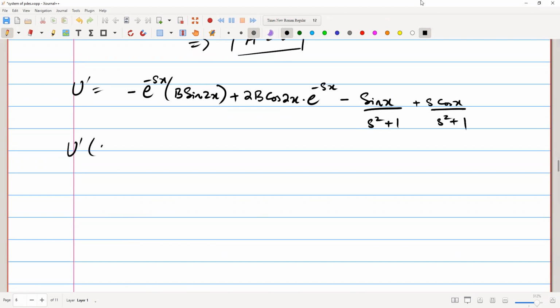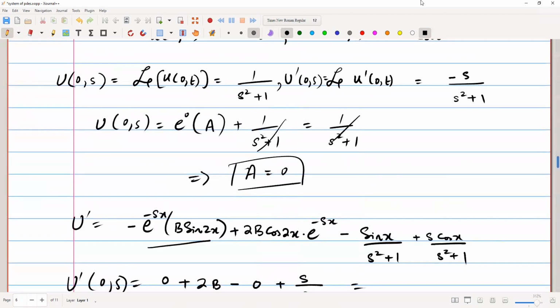Since we have to apply 0 comma s here, this term will be 0 plus 2b minus 0 plus s over s squared plus 1.